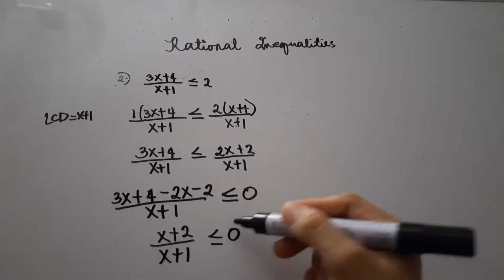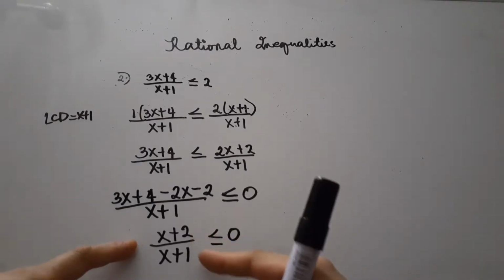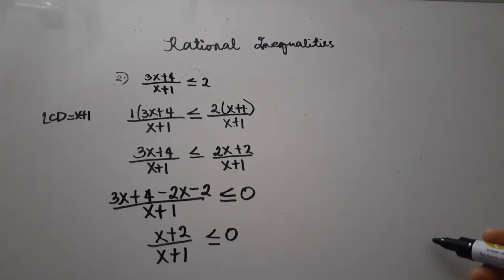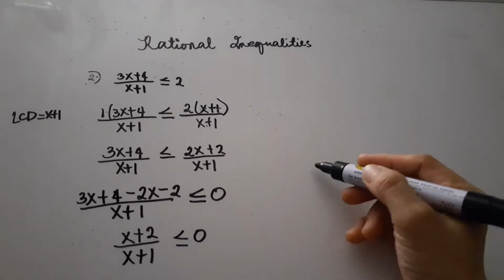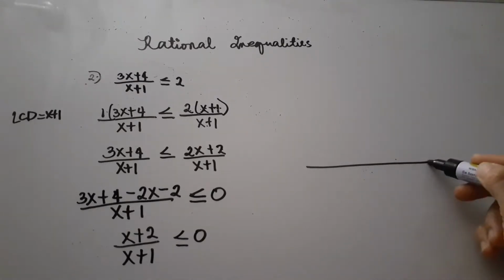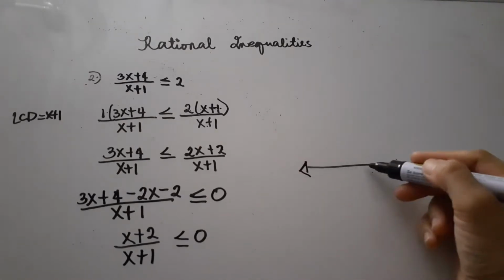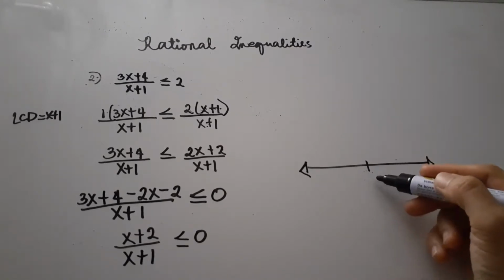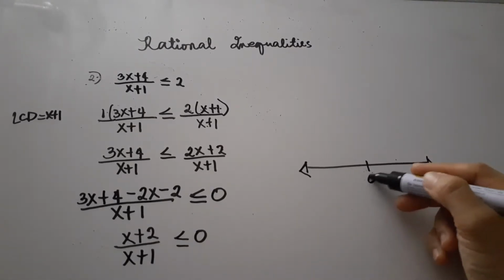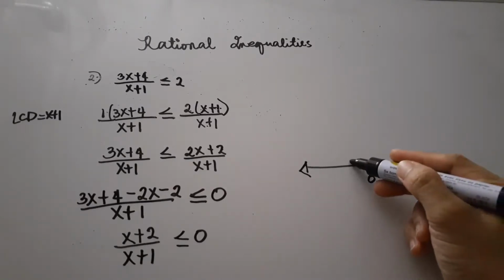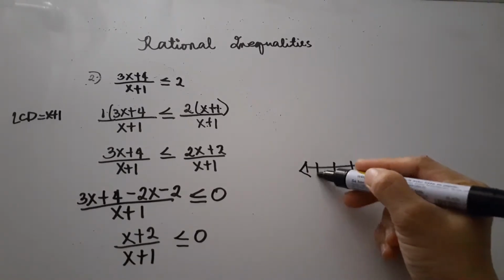So the answer is (x + 2)/(x + 1). In interval notation, we can draw a number line here, and then we can use the sign diagram here. Since x + 2 is equal to 0, which is negative 2.